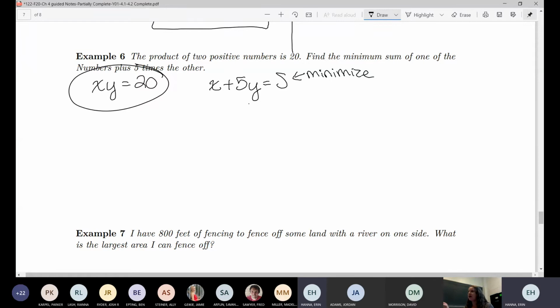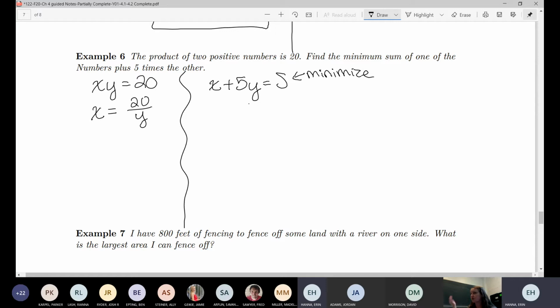We can solve that equation for either x or y, plug it into the minimizing function, and then go about our business. Since x is by itself in the sum equation, I'm going to go ahead and solve for x. You could solve for y, whatever floats your boat.